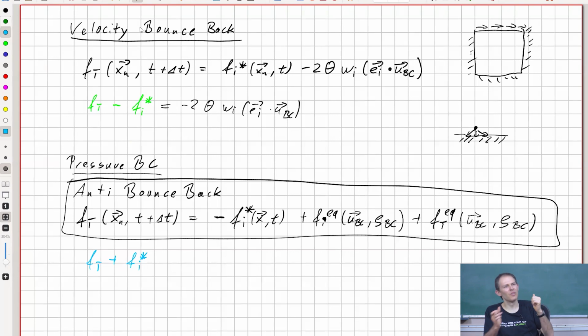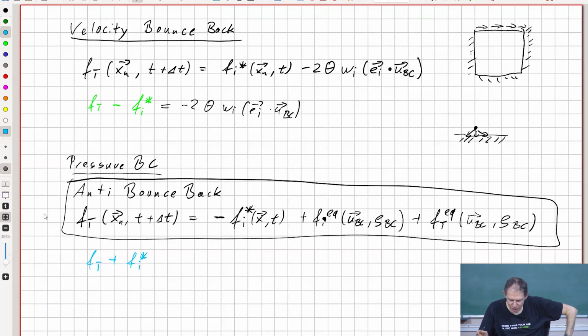One going this way is the opposite to this way. This is an odd moment, so first moment, third moment. The anti-bounce back is a boundary condition for even moments, so zero moment, second moment. These are energy, pressure, density, pressure.